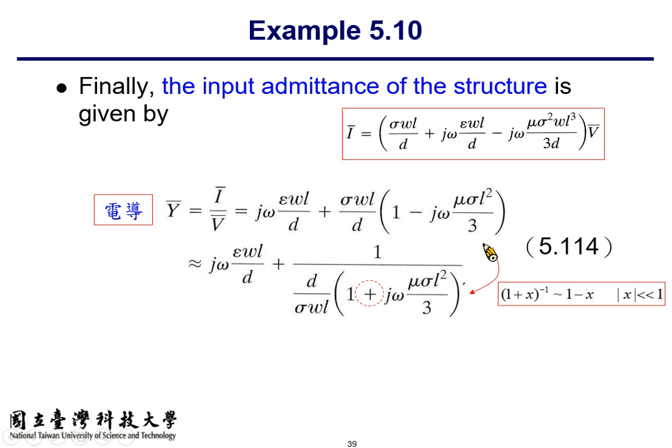For a capacitive structure, if the conductance of the insulating layer of the capacitor is small, then this condition is satisfied. If this term is much smaller than 1, then you can use this relationship to put it into the denominator like this.